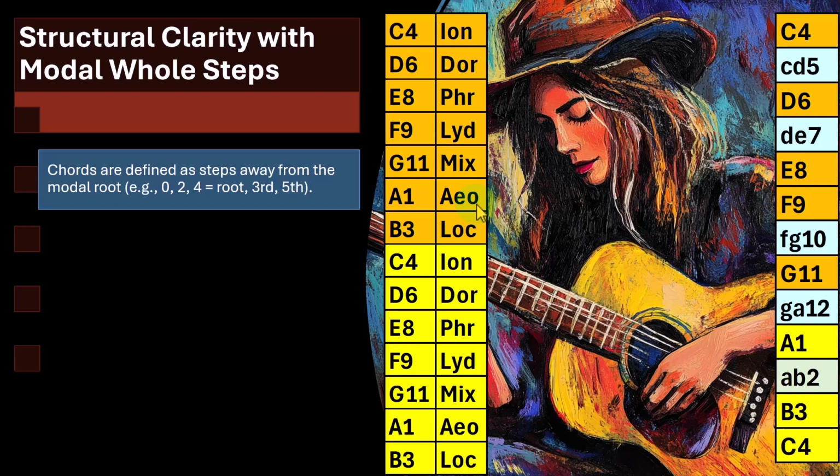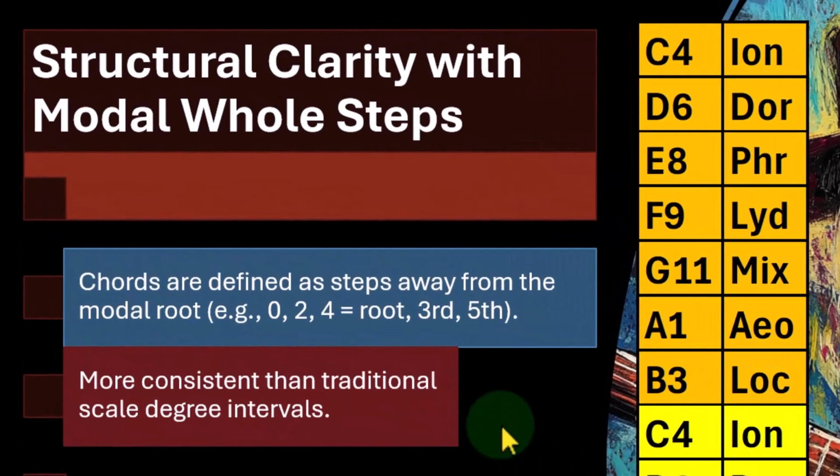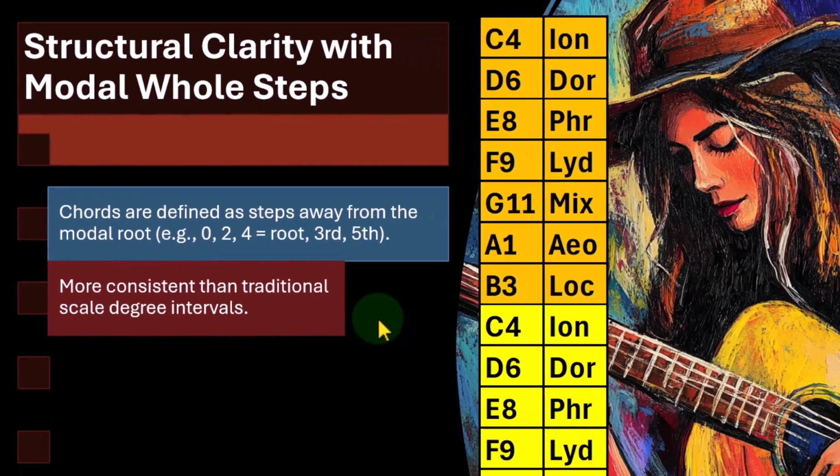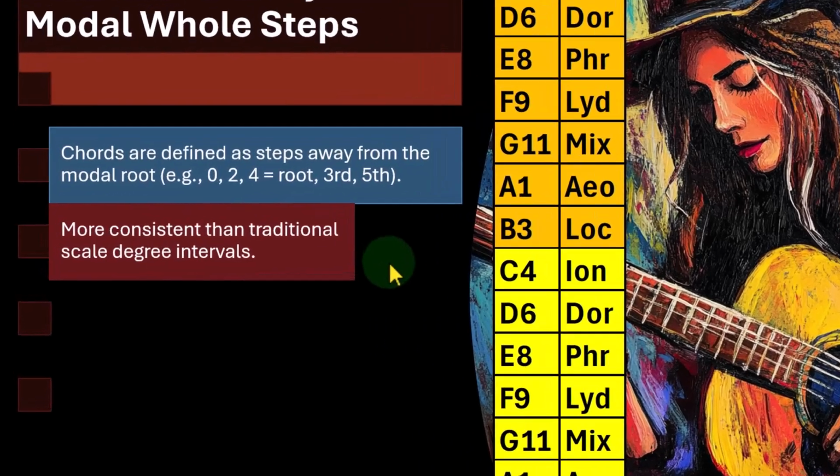I want to name them by the Nashville numbered system, which is equivalent to naming them by the modes, because it's movable. If your system ain't movable on the guitar, you can move on with that. I don't care how it works on the piano. It's not right. And I still think it's not the best way even on the piano, but more consistent than the traditional scale degree intervals.